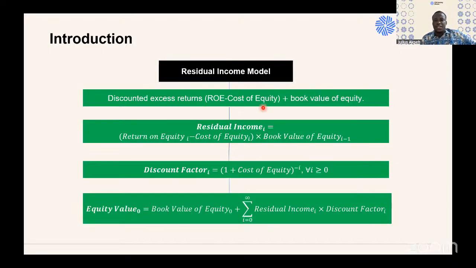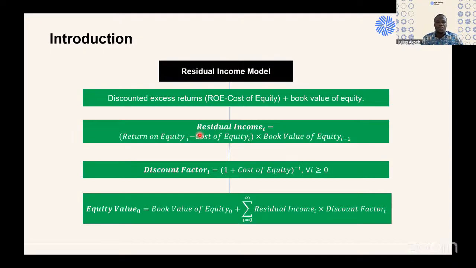Now, that excess return has a way it's calculated. Excess return, which you can consider the same as the residual income, is actually the return on equity minus the cost of equity. I'm going to get into this very soon. The return on equity is the return the business is generating on the equity capital, right?